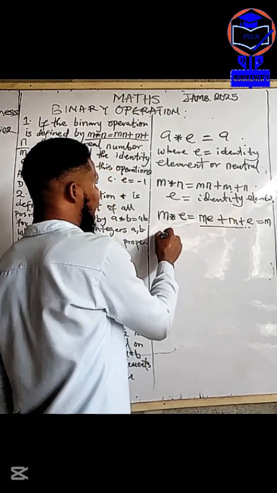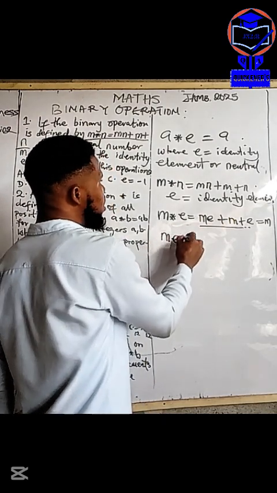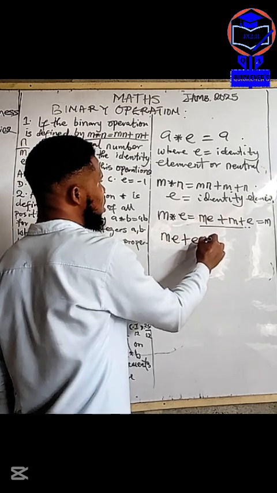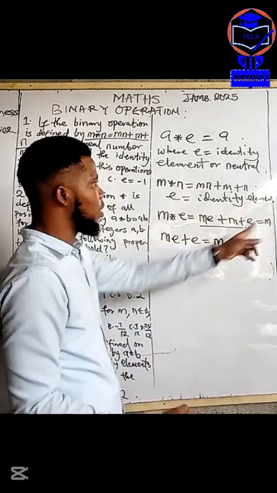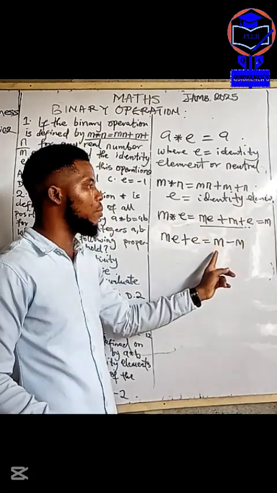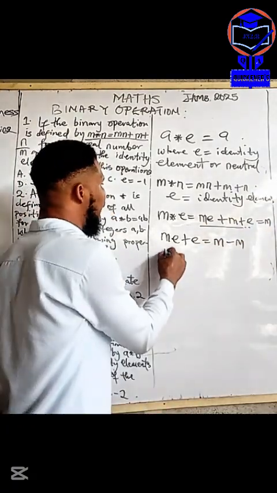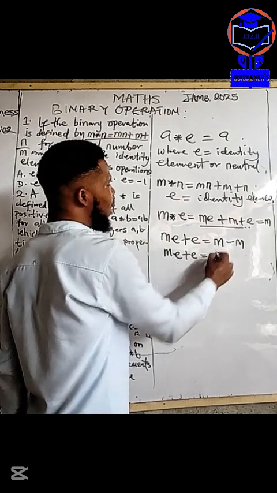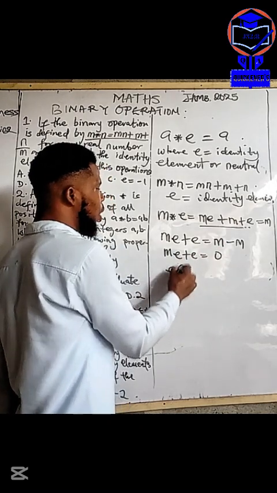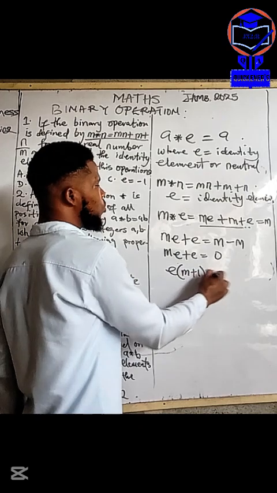So what do we have now? Factorize E here. So we have mE plus E equal to M minus M. This M is going to the other side, right? We have one M here, and this other M is coming here. So M minus M. So mE plus E is equal to 0, right? Factorize. So E open bracket m plus 1 equal to 0.